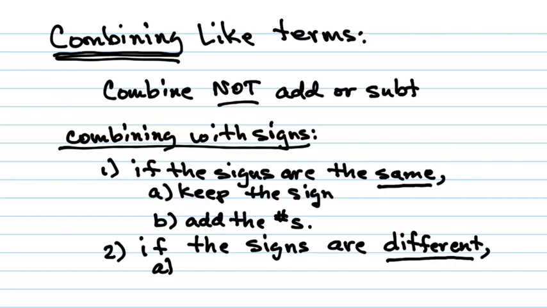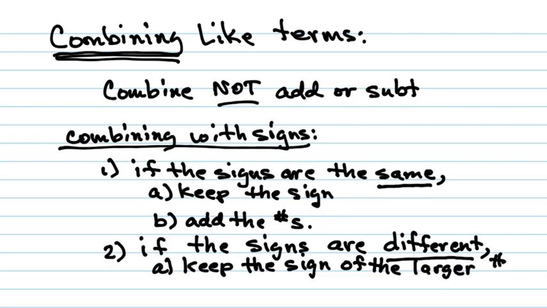So here's what happens. We're going to still keep one of the signs, but we'll keep the sign of the larger number. Now, I'm not talking on a number line. We're talking about something called absolute value.